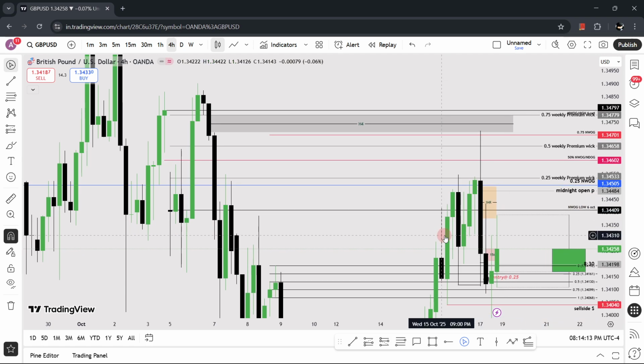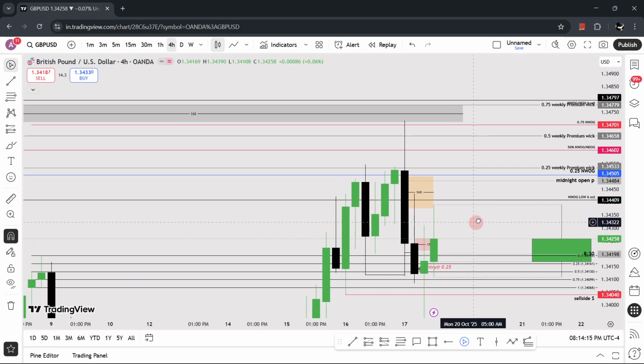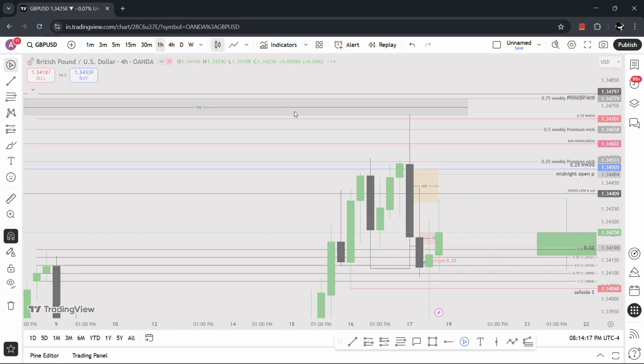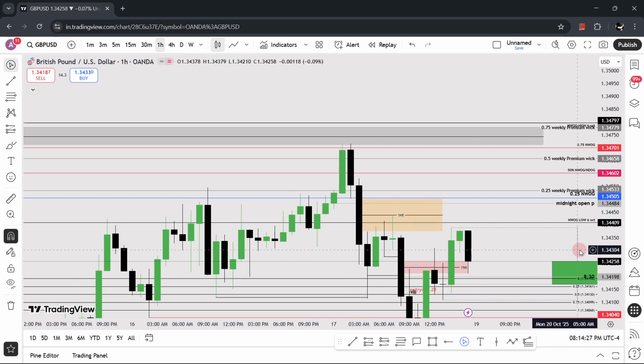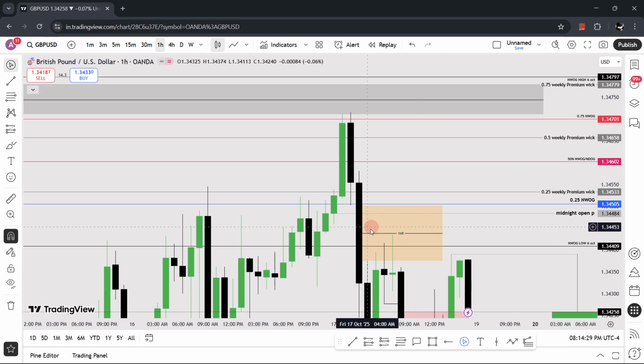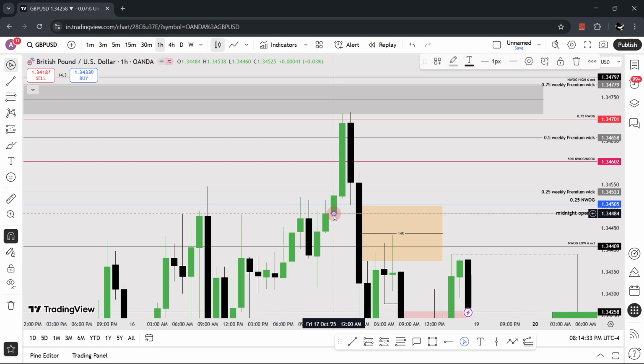And now the real fun starts. So going to the 1 hour time frame, first we'll cover this part, then we'll go down. You can see that on an hourly chart, there is a midnight opening price.